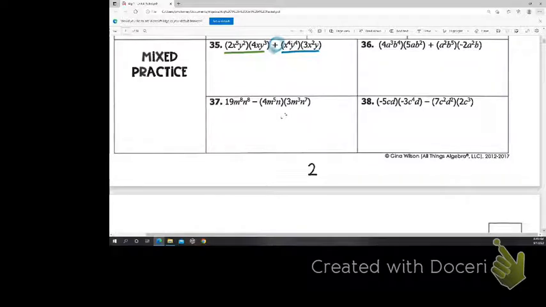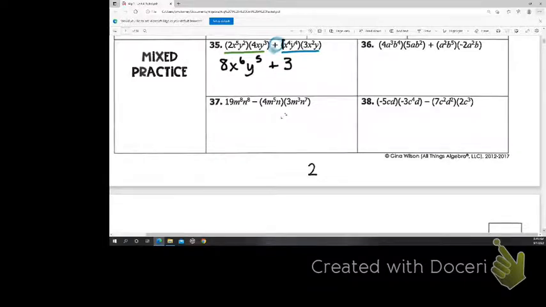So I have 2 times 4 is 8, x to the 5 plus 1 is 6, y to the 2 plus 3 is 5, and then I'm going to move over to the other side. So it's just a 3.